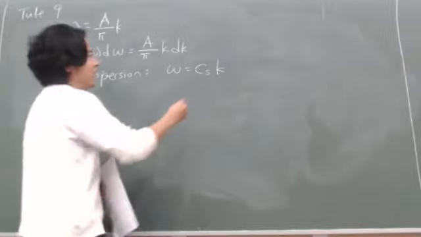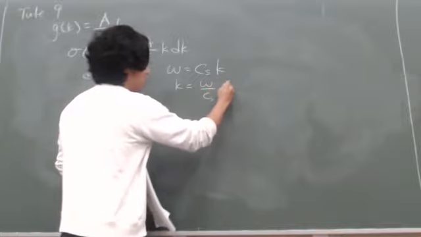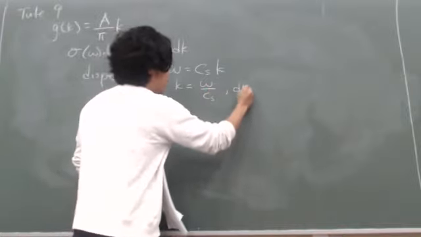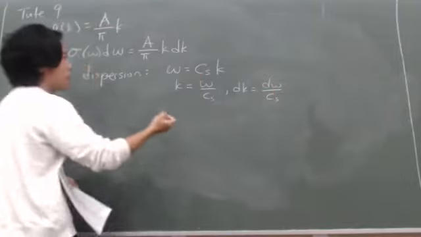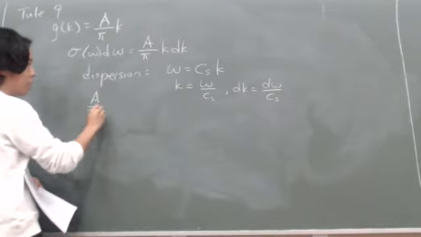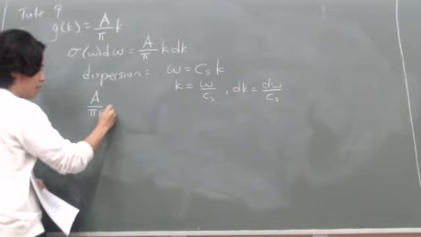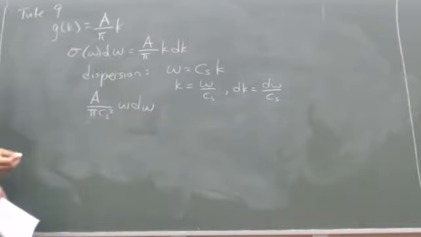So k is equal to omega on cs, and dk is equal to d omega on cs. So the right hand side is just A divided by pi divided by cs squared, omega d omega.